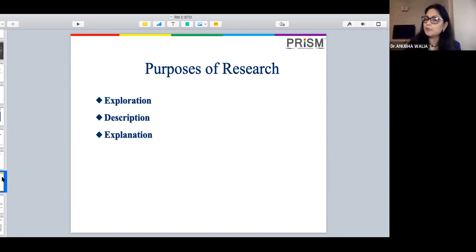Now, there are three main purposes of research. The first one is exploratory. Exploratory research is the first research to be conducted around a problem that has not yet been clearly defined. So exploratory research aims to gain a better understanding of the exact nature of the problem and not to provide a conclusive answer to it.